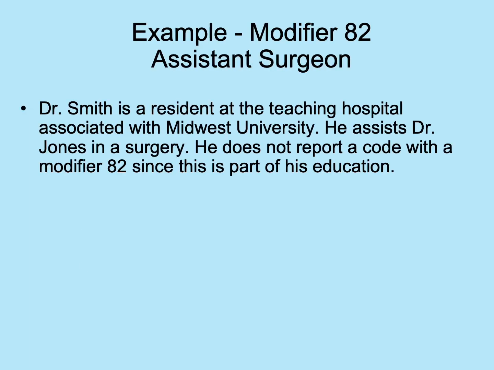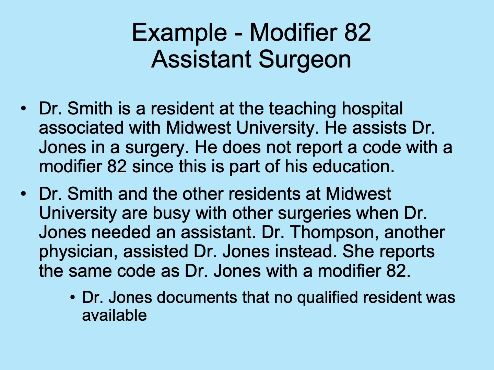Okay, so here's an example. Dr. Smith is a resident at a teaching hospital associated with Midwest University. He assists Dr. Jones in a surgery. He does not report a code with modifier 82 since this is part of his education. Dr. Smith and the other residents at Midwest University are busy with other surgeries when Dr. Jones needs an assistant. Dr. Thompson, another physician, assisted Dr. Jones instead.